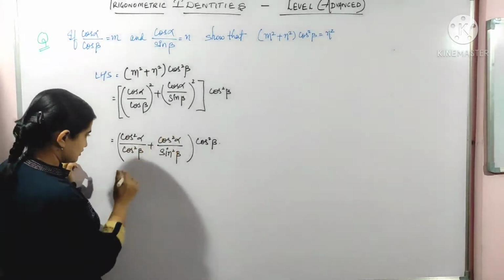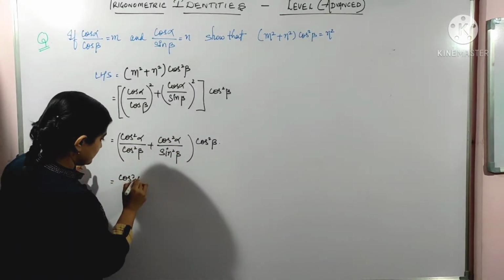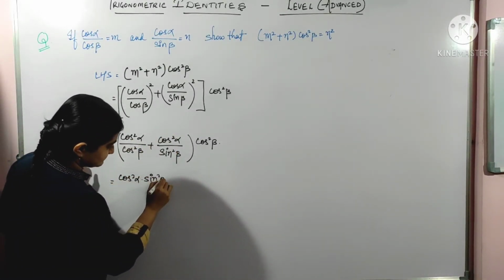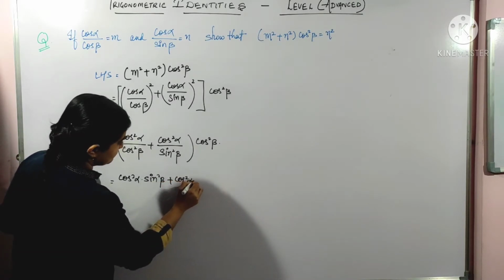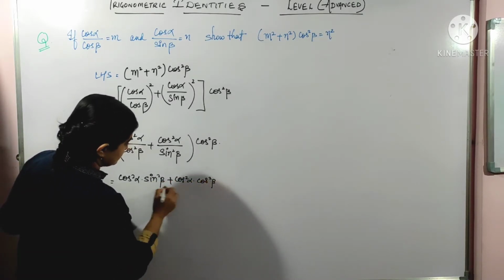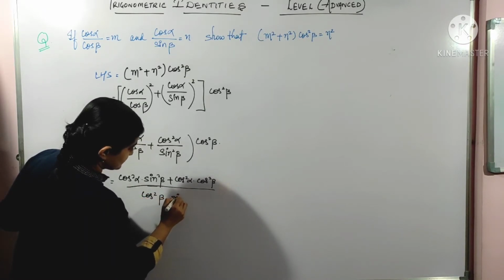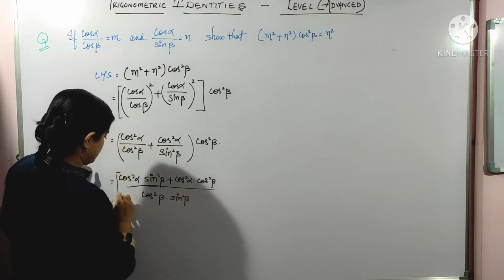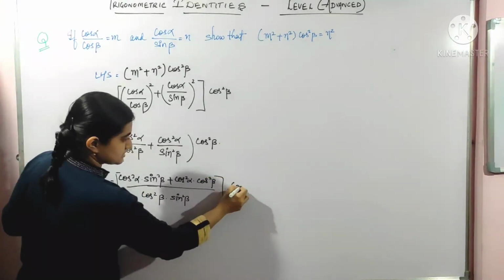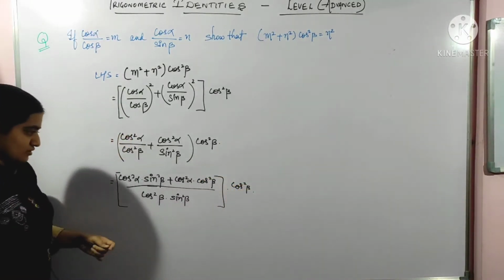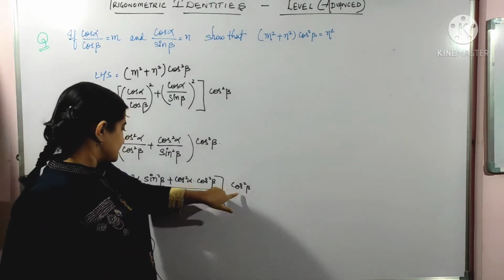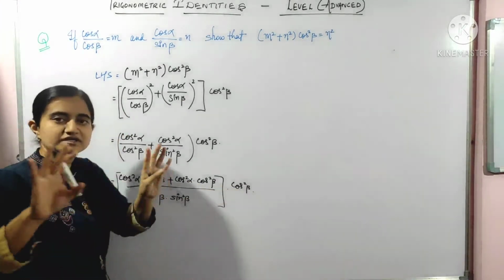Okay, cross multiply. Cos square alpha into sin square beta plus cos square alpha into cos square beta, upon cos square beta into sin square beta. So here it is, and cos square beta it is. Okay, so see, here we are having cos square beta, here also we are having cos square beta, so we can easily remove it.